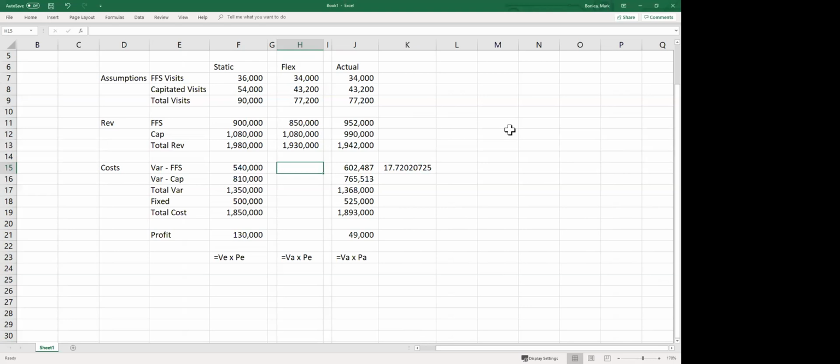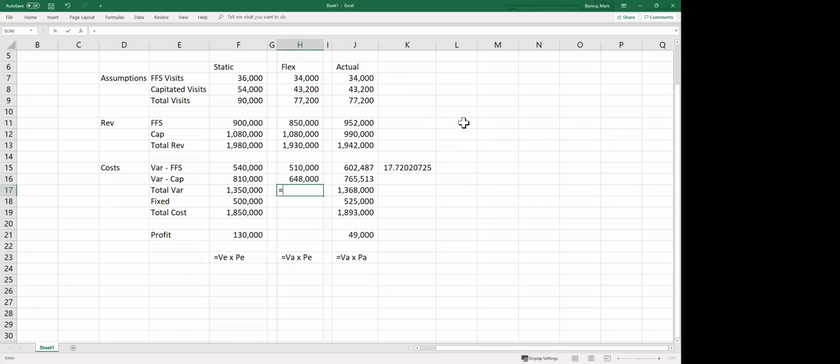Okay, now we're going to do our variable cost, fee-for-service variable cost. Our fee-for-service variable cost is going to be based on our actual volume times our expected variable cost, and our expected variable cost was 15. So it should have been 510 based on our volume, if our costs had come in the way we expected them to. Our variable cost for our capitated is the number of visits for our capitated times that $15 expected variable cost per visit.